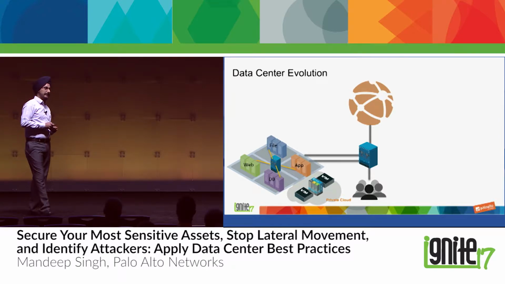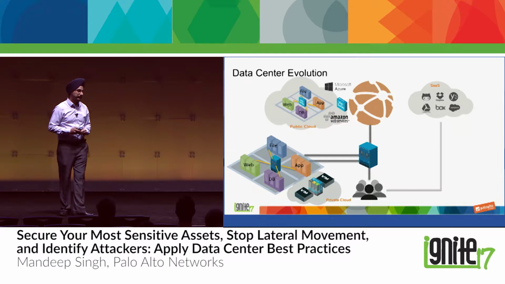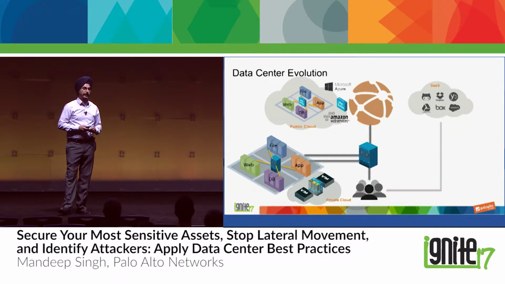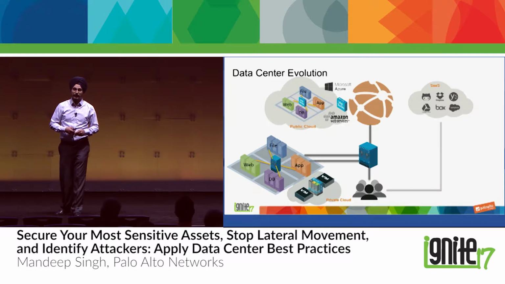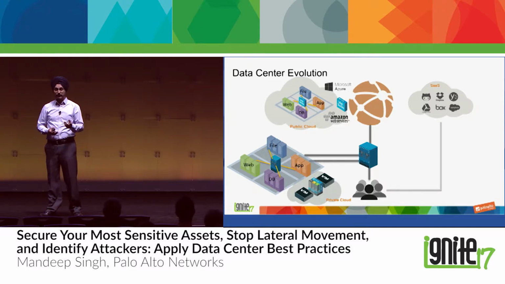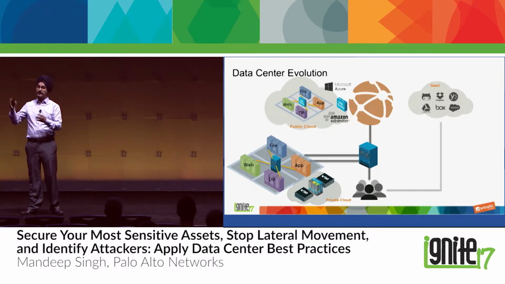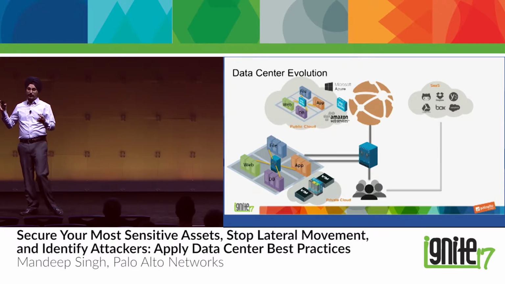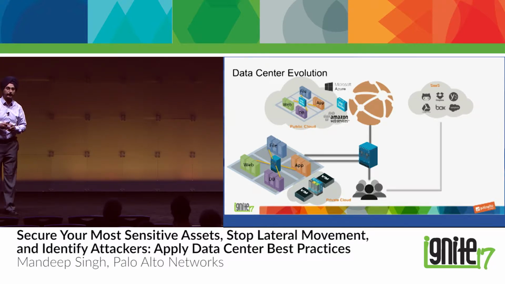So now you had some physical, some virtual. Well, then came the cloud. AWS, Azure, even Google Cloud. Now your data center exists in the cloud. It exists on-prem. There's a private cloud, and there's some SaaS applications. So now, essentially, you're in a hybrid model. Pretty much most customers today sit in a hybrid model.